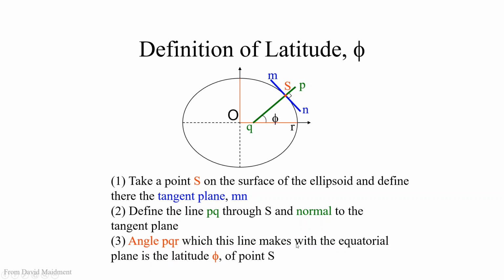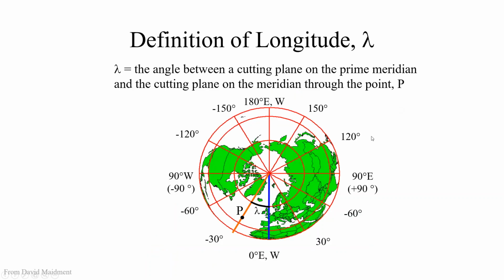So it's the angle that line makes with the equatorial plane. That's a subtle definition of latitude, and it comes about because the way we really measure latitude on the surface is by observing things like the stars and the sun, and looking at that relative to horizontal on the Earth, and it's the horizontal on the Earth that we're measuring. We can't really easily measure an angle to the center of the Earth.